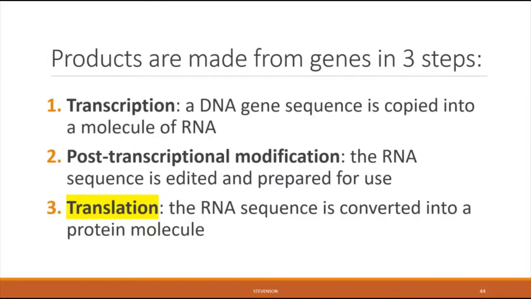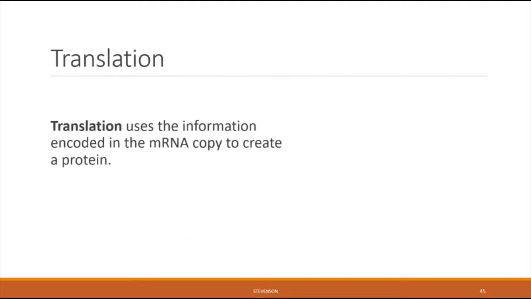During translation, the RNA sequence in that messenger RNA is going to be converted into the final product, which is the protein molecule. So translation takes the info in the mRNA copy and it creates the protein.